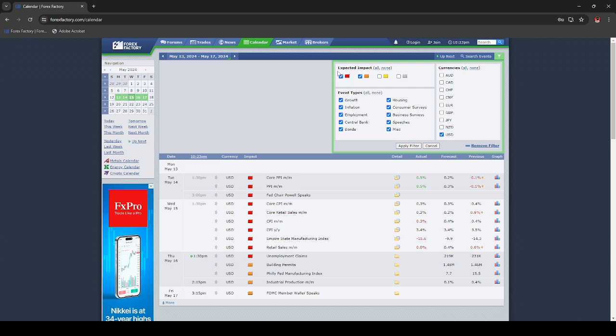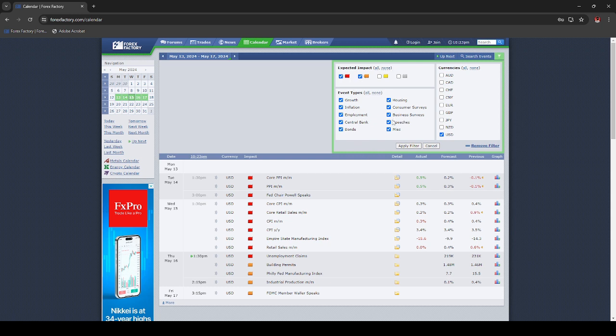The red means very high impact news, which is expected to impact the market and induce more volatility compared to the orange. The orange stands for medium impact, while the yellow stands for low impact. So you just want to make sure you're clicking these two boxes, the red and the orange.